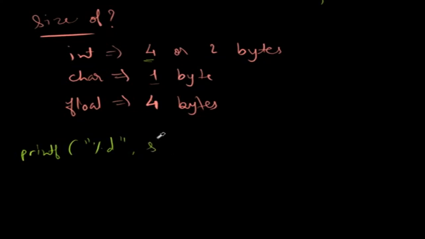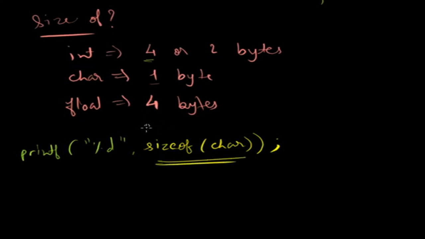Let me write that in a different color. sizeof, there is no space in between. If you want the size of a character, you write char, and this way you can obtain the size of a variable.